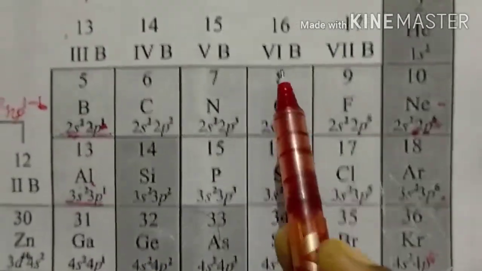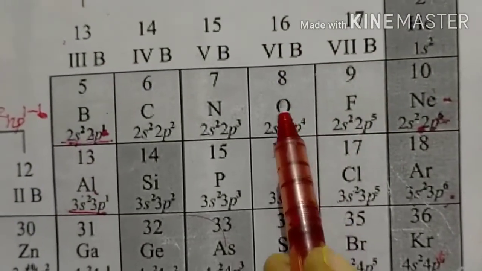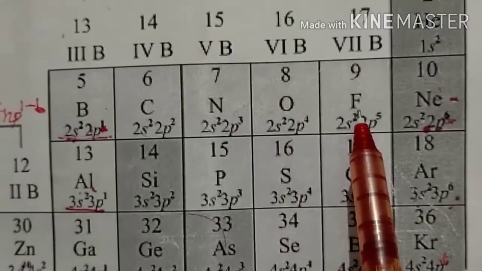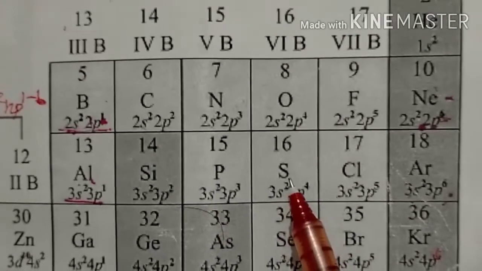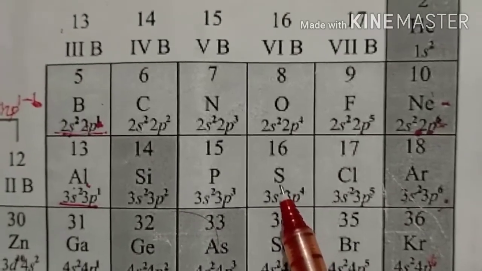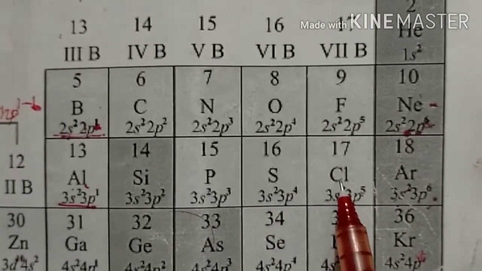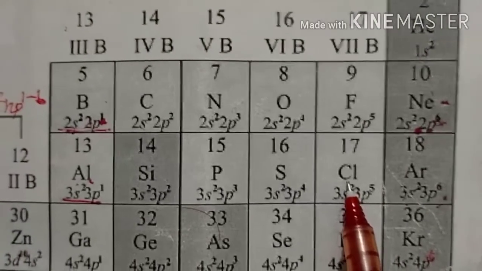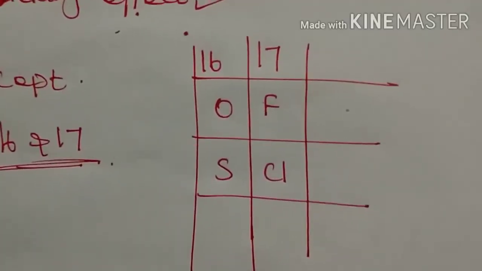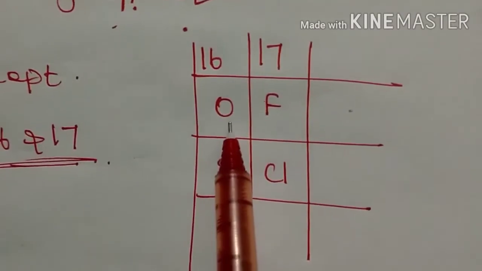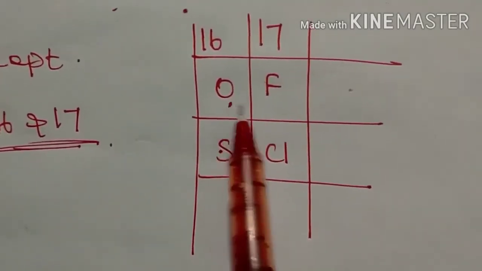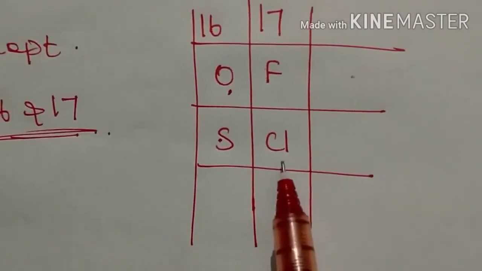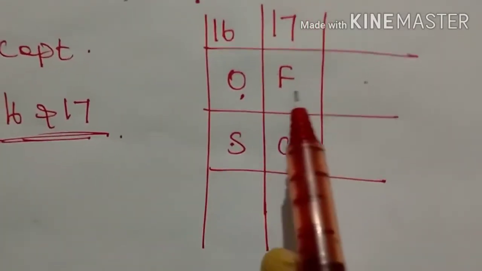Look at this: in the 16th group oxygen and in the 17th group fluorine are present. The next element of the 16th group is sulfur, and the next element of the 17th group is chlorine. You can compare oxygen and sulfur.